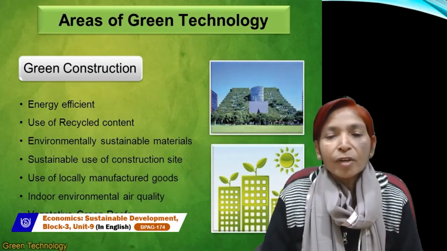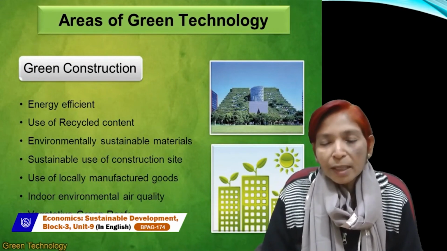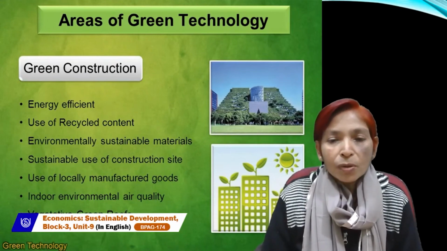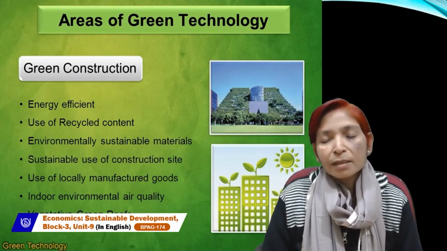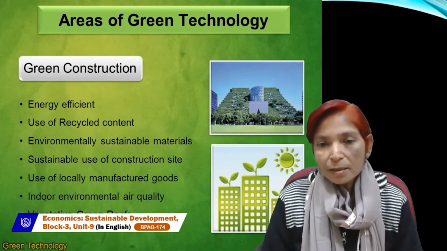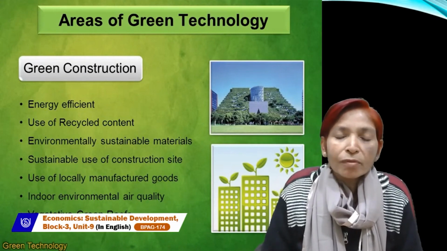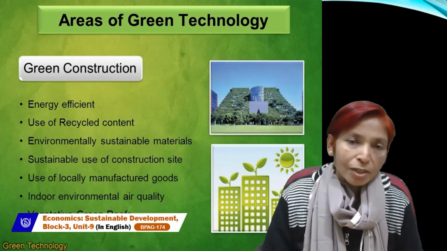In this figure we are watching here, roofs are very green, and we can grow some vegetables and other crops in this way. Then construction will be called green construction.